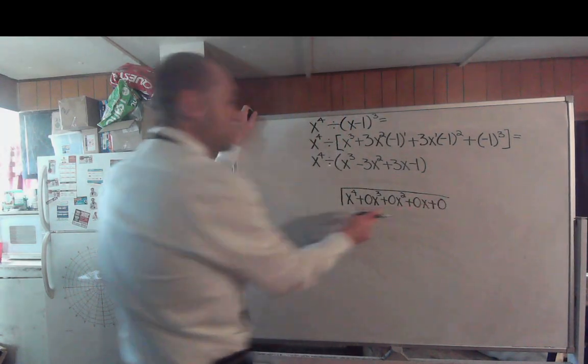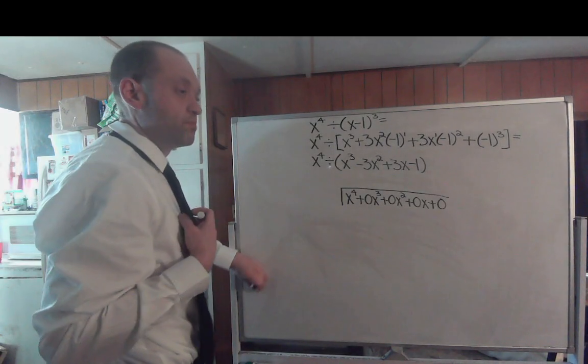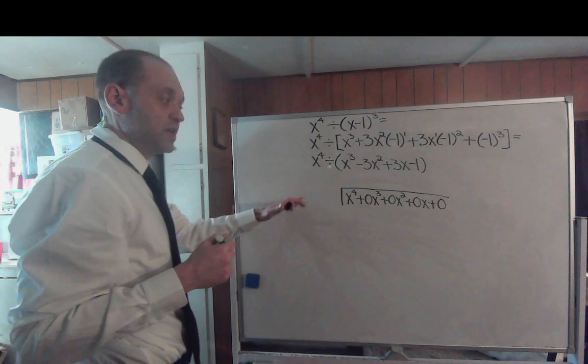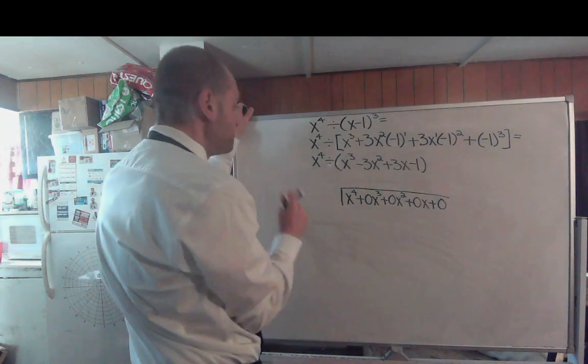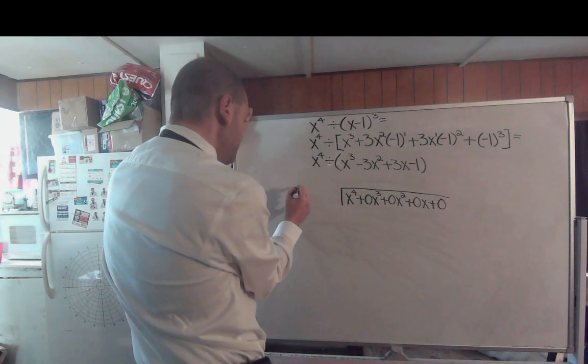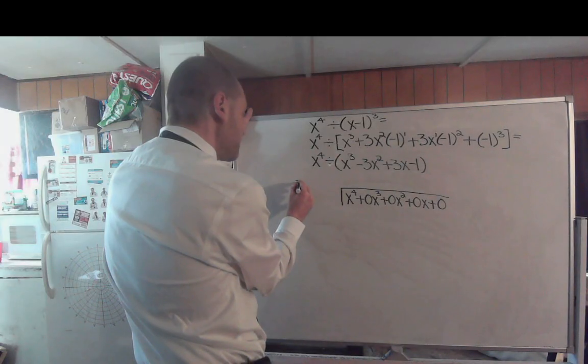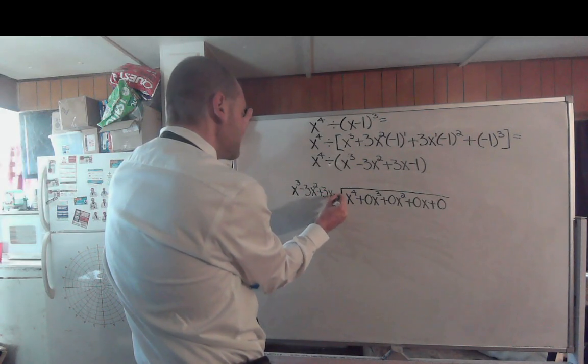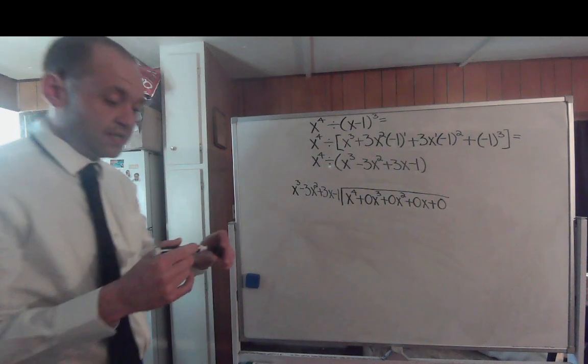You have to account for all those when you're doing any type of division, whether polynomial long division or synthetic division. Now we're going to make this our divisor, x to the third minus 3x squared plus 3x minus 1. So there's your full divisor.